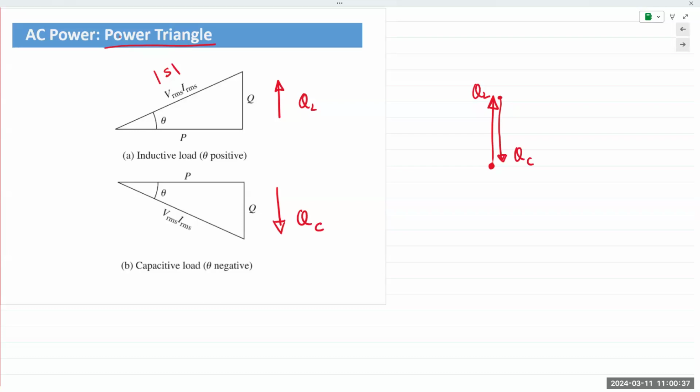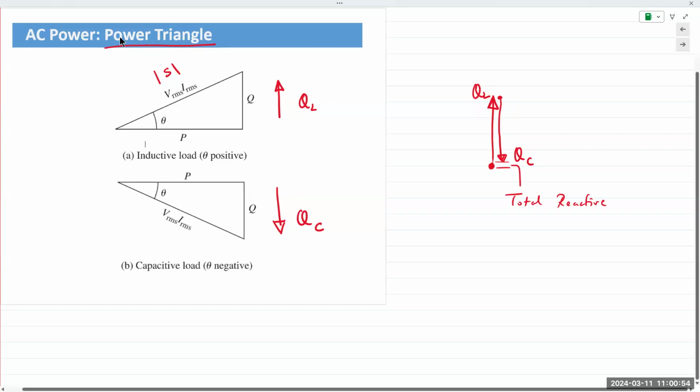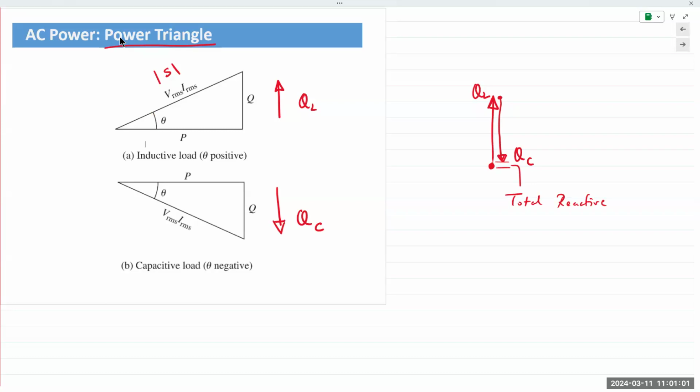So your total reactive power is now reduced. The power triangle for the inductor, which required Q of this amount, can now be reduced if you place an appropriately sized capacitor in opposition. So now your power angle is reduced.